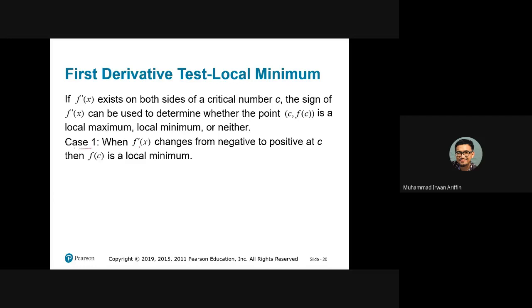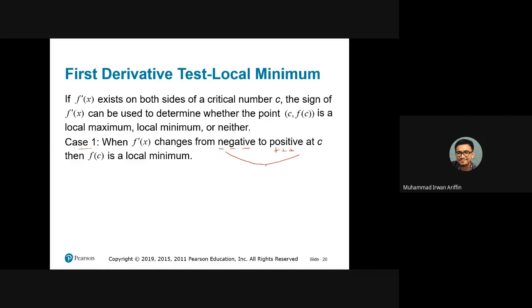So we have three cases. When the derivative changes from negative to positive, what is the meaning of this? We basically have something that goes down and then goes up, isn't it? The graph is going down and then suddenly it changes to go up.